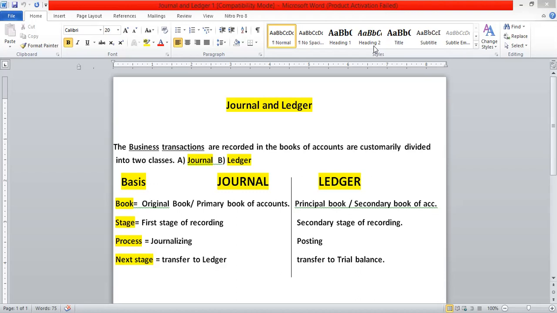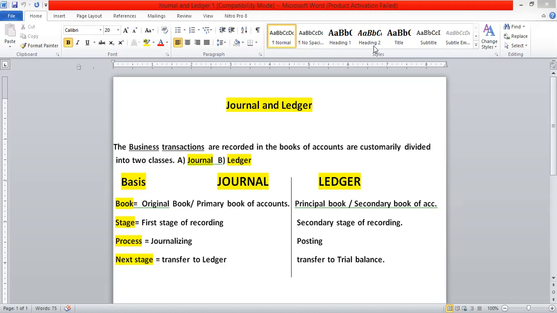Now my second basis, the basis of stage. General is called the first stage of recording, as I told you above, because first we record all the transactions in the general book. Ledger is called the secondary stage of recording because it comes after completing the general.